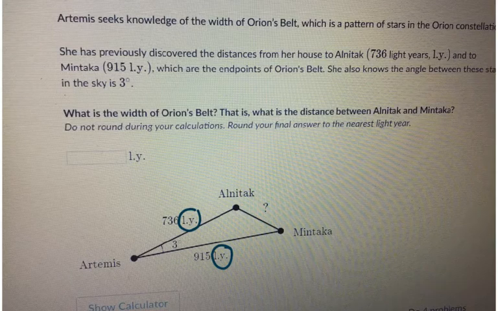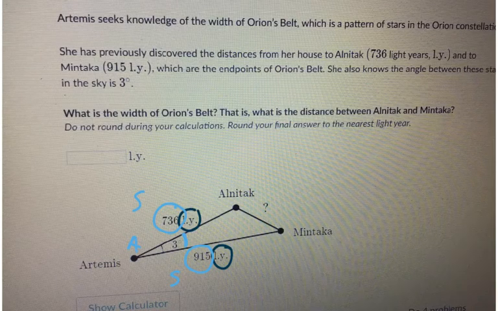How far would light go in 1 year? Much less 1 second. That's how far a light year is. But anyways, the problem basically is we're given this side 736. We're given this side 915. We're given the angle between them. Notice how I have side, angle, side, as we would say.